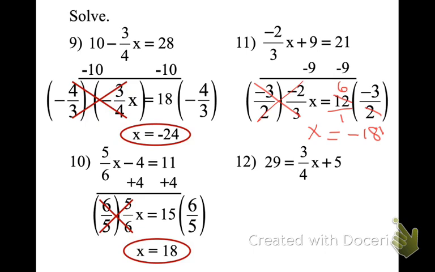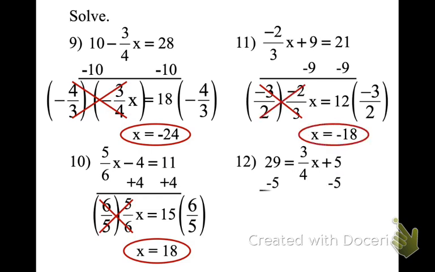Okay, whoops, sorry about that. Okay, last one on this page. I'm going to subtract 5. I'm going to multiply both sides by 4/3, what's next to the x.